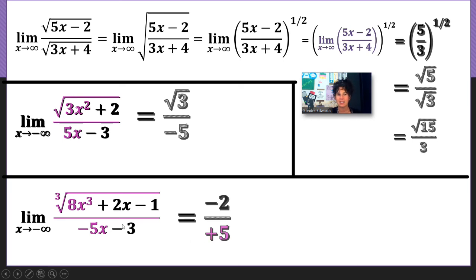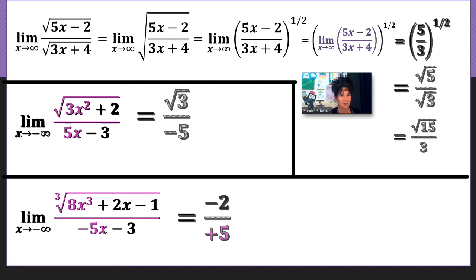I tried to pick this example because at a quick glance, you would maybe think that you had the right answer because you were thinking cube root of 8 is 2, and then over negative 5, and you would have gotten negative 2/5, but not necessarily for the right reason. So anytime your x is going to negative infinity, make a substitution just to verify if you are going to a positive or a negative version of the number.